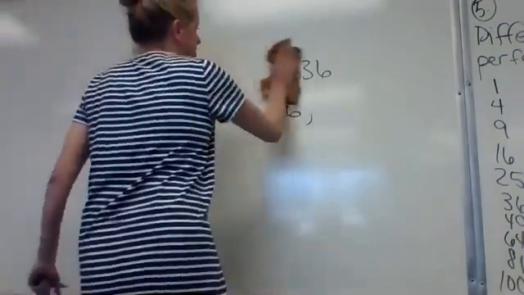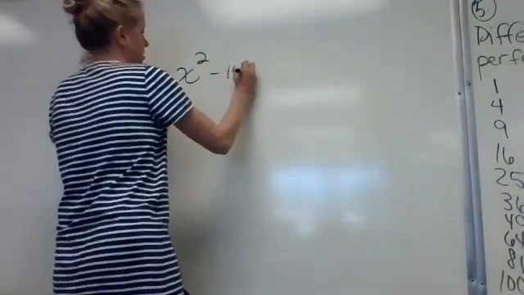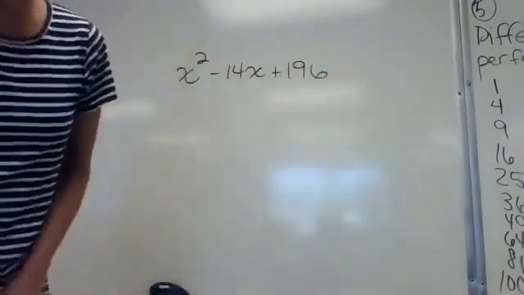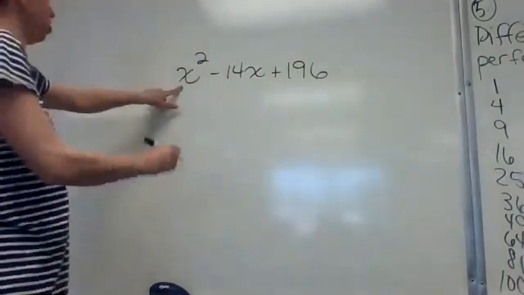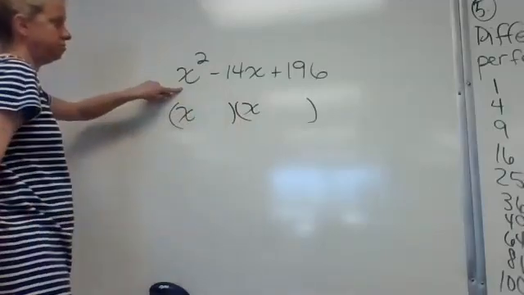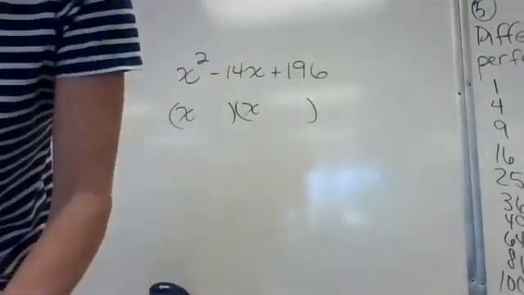Number 10. We're getting there. X squared minus 14x plus 196. Again, trinomial, but it's a good one, so I'll just start off with x and x. 196 is what's going in my Y equals.